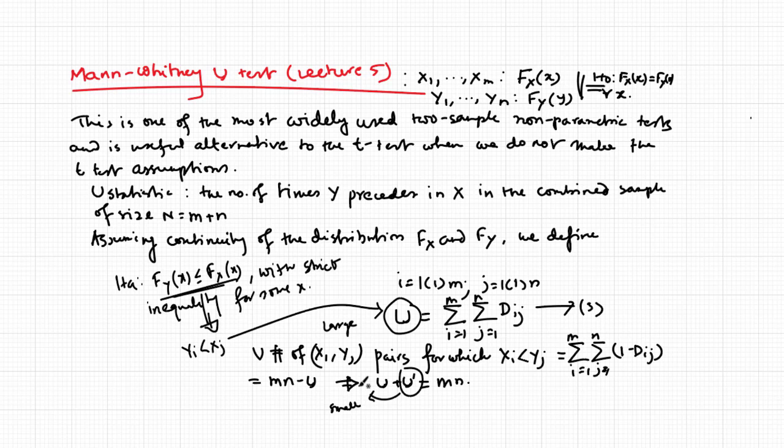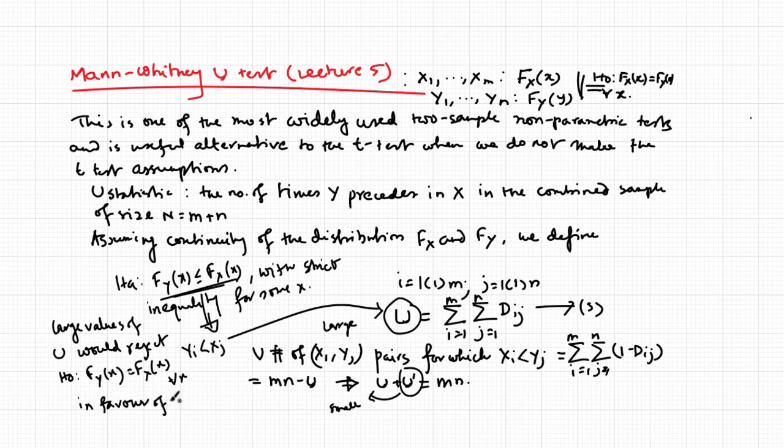So large values of u would reject H naught, Fy(x) equal to Fx(x) for all x, in favor of Ha, or small values of u dash would reject H naught in favor of Ha.